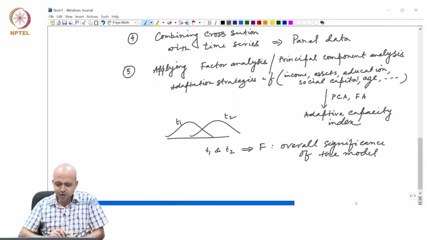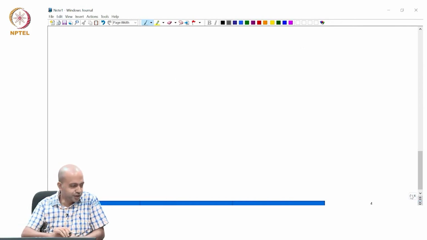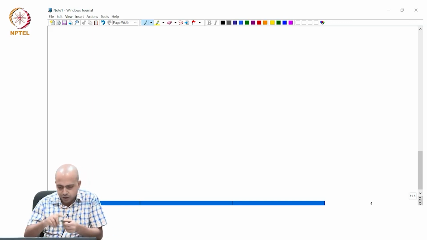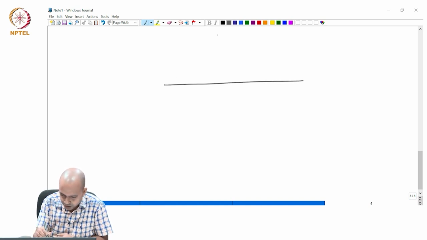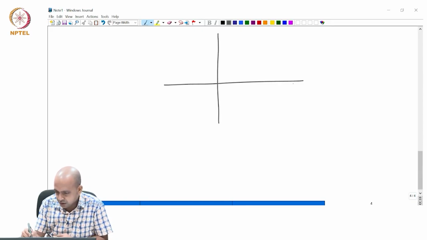That means what is happening here in the context of multicollinearity? I will draw you an interesting diagram. Let us say this is the distribution of beta 1 and this is beta 2.